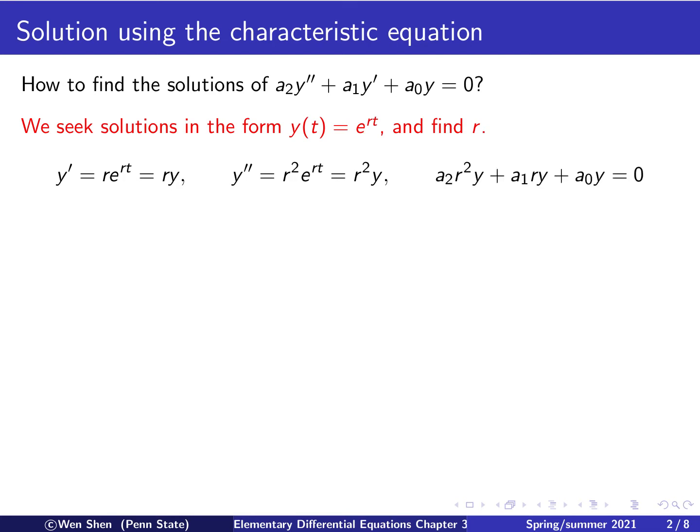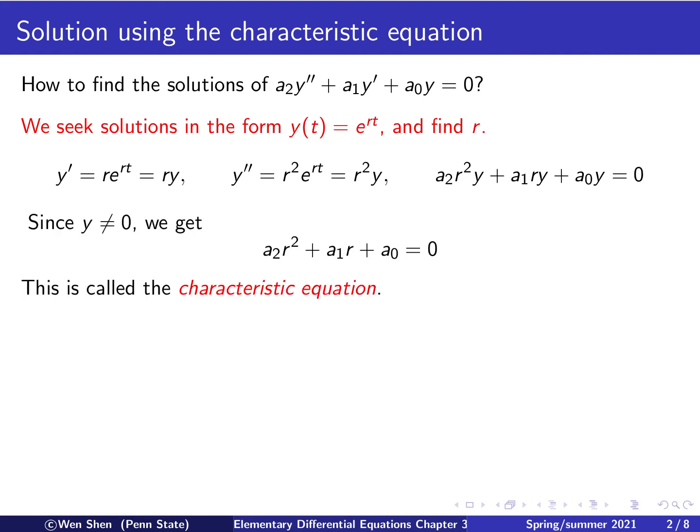Now let's put these in. a2 y double prime becomes a2 r squared y, a1 y prime becomes a1 r y, and then a0 y equals 0. So we have this equation for our guess. This equation must be satisfied for the solution y and your choice of r.